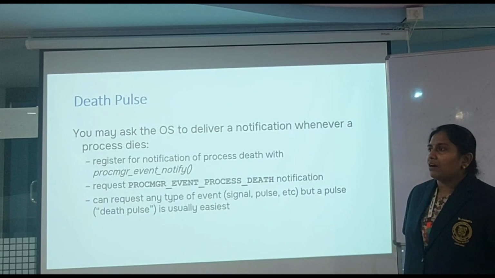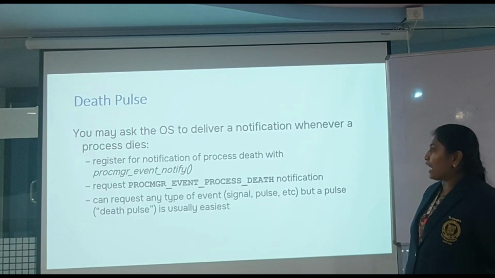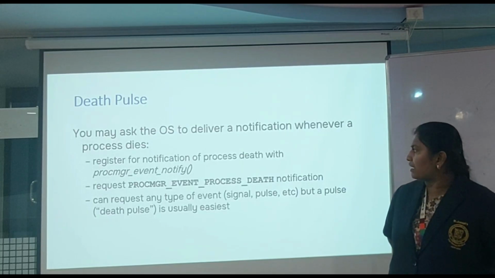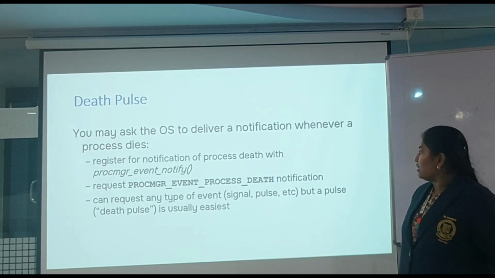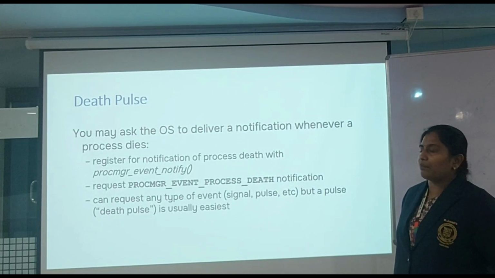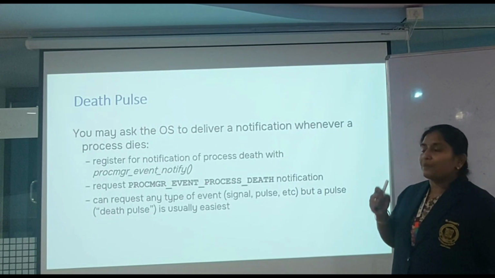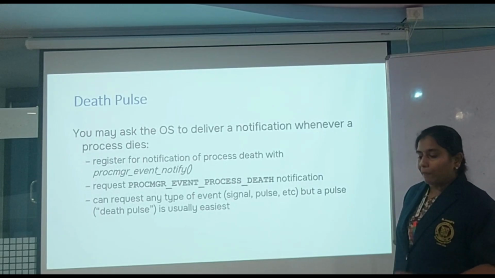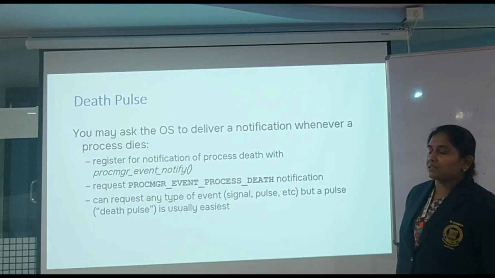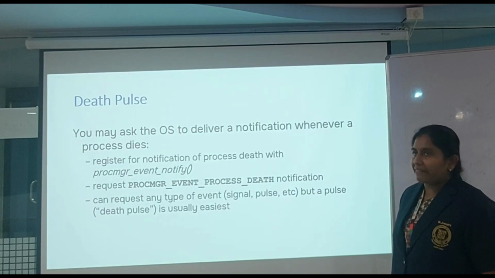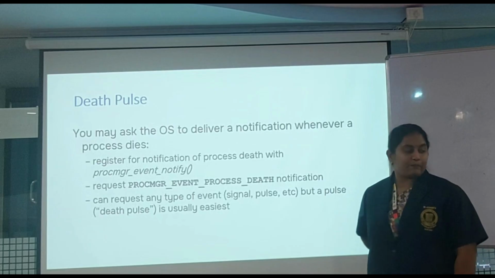It can be a signal event, or a pulse event, or even a message, or anything. Mostly a pulse is preferred. A pulse is a single, very short communication without any overhead. So a pulse is typically preferred for indicating process deaths in a QNX system.